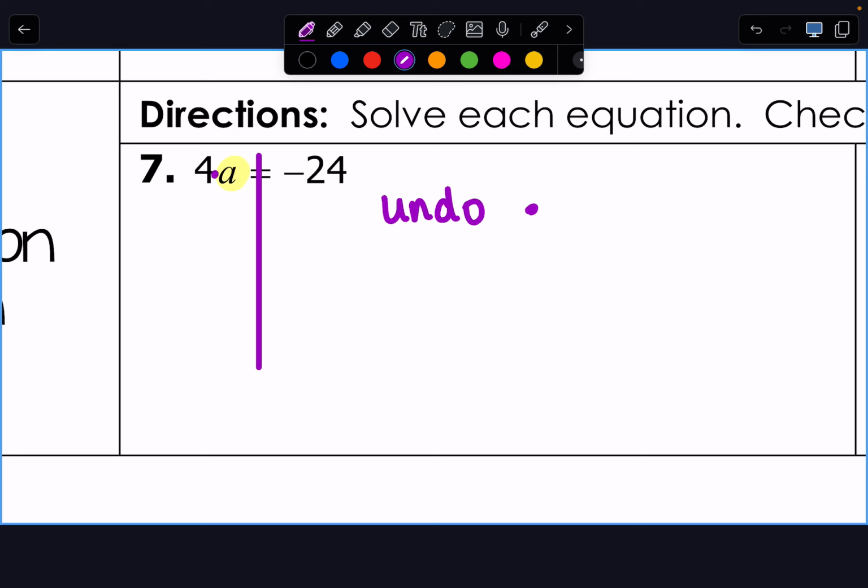Division. So we are going to divide both sides by 4. Because what's 4 divided by 4? 1. 4 divided by 4 is 1. So we're not going to write 1A, but we have 1A equals -6.